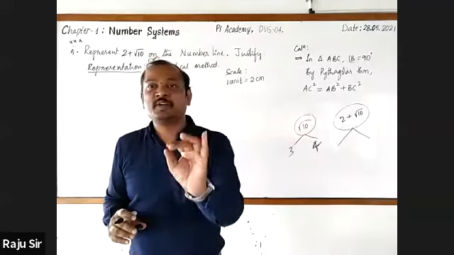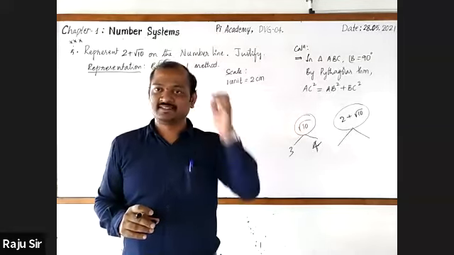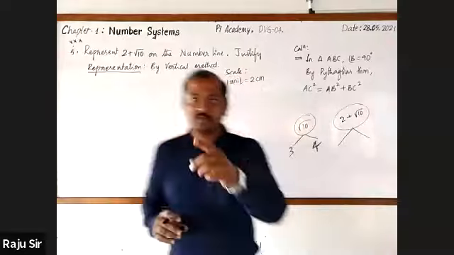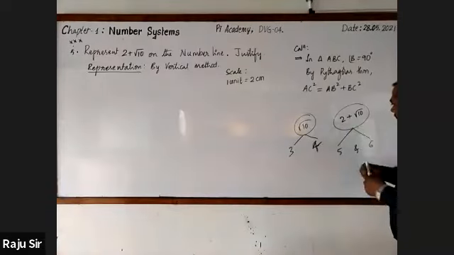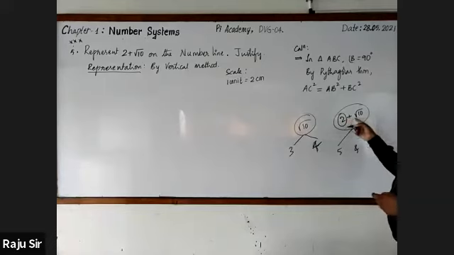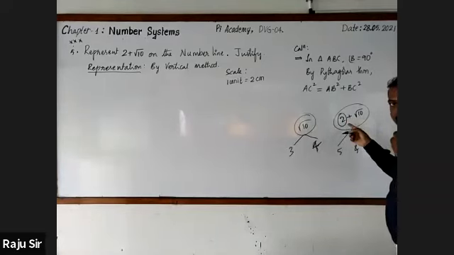So it lies between 5 and 6. Very good. The reason is 2 is to be added. Understood? Yes, sir.